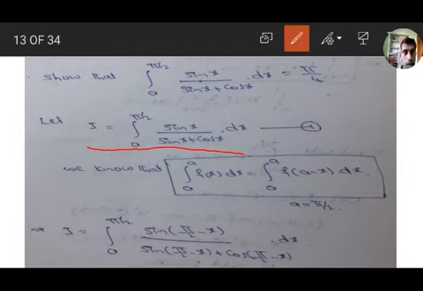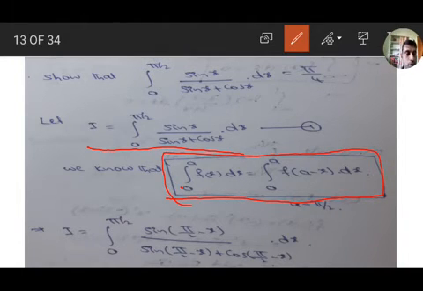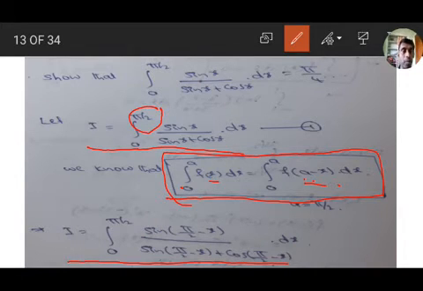We know the integration property: integration 0 to a f of x dx equals integration 0 to a f of a minus x dx. Here a is pi by 2, so in the place of x we substitute pi by 2 minus x. So we get integration 0 to pi by 2 sin of pi by 2 minus x by sin of pi by 2 minus x plus cos of pi by 2 minus x.